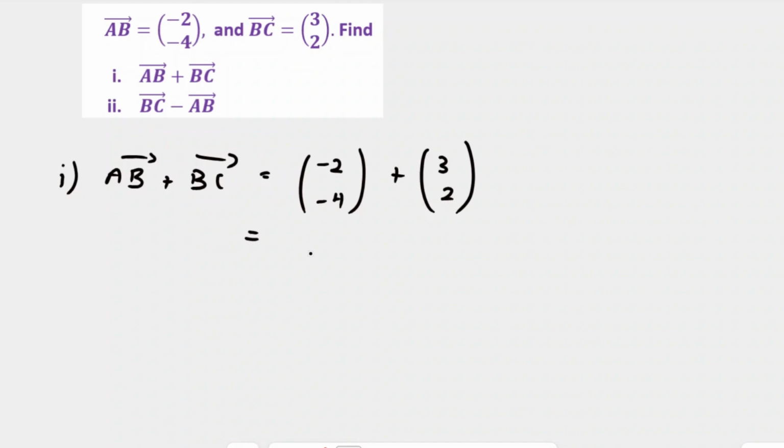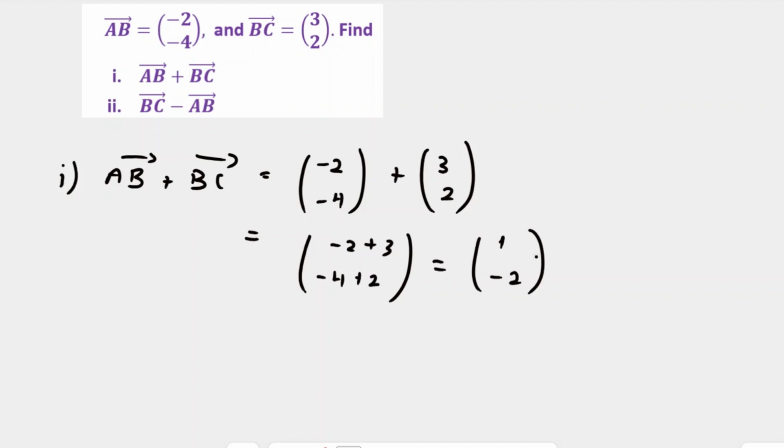We have to add corresponding components. So you're going to get -2 plus 3. We come to the y component: -4 plus 2. So -2 plus 3 is going to give me 1, and then -4 plus 2 will give me -2. These are basic arithmetic that you have to know.